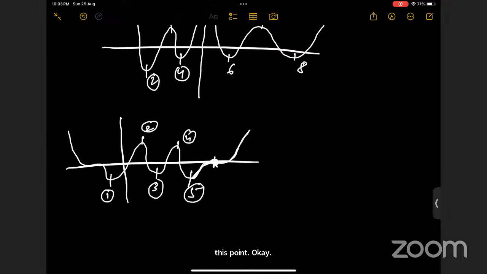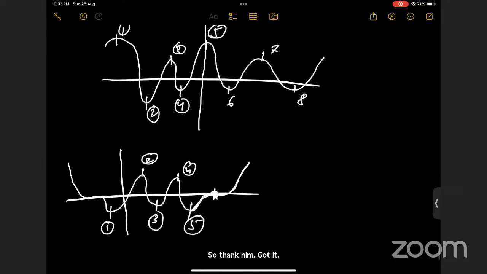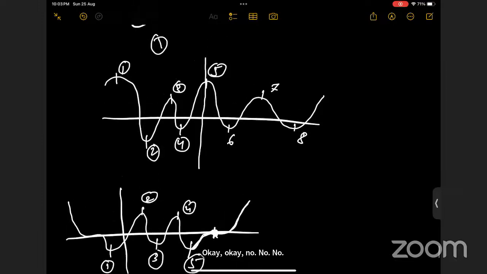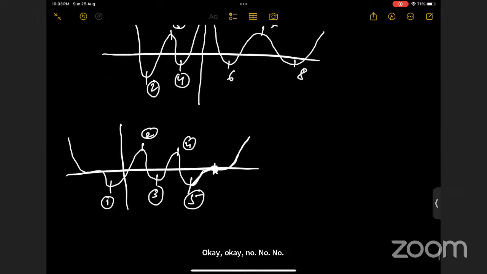Got it. Ma'am, that is for the first graph. Now, if you could explain end behavior just shortly. End behavior means, this is our x-axis, right? So this is the end of the graph.